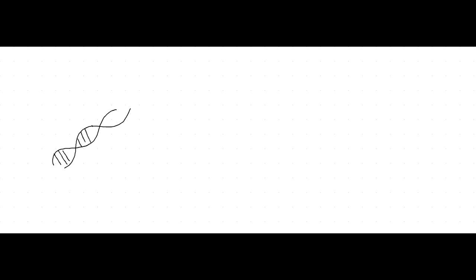DNA is not found loosely lying around. What DNA does is that it starts to wrap itself around some proteins, like this. These proteins are known as histones. So the DNA is going to wrap itself around histones. And what is the result of this? What's the point of the wrapping?